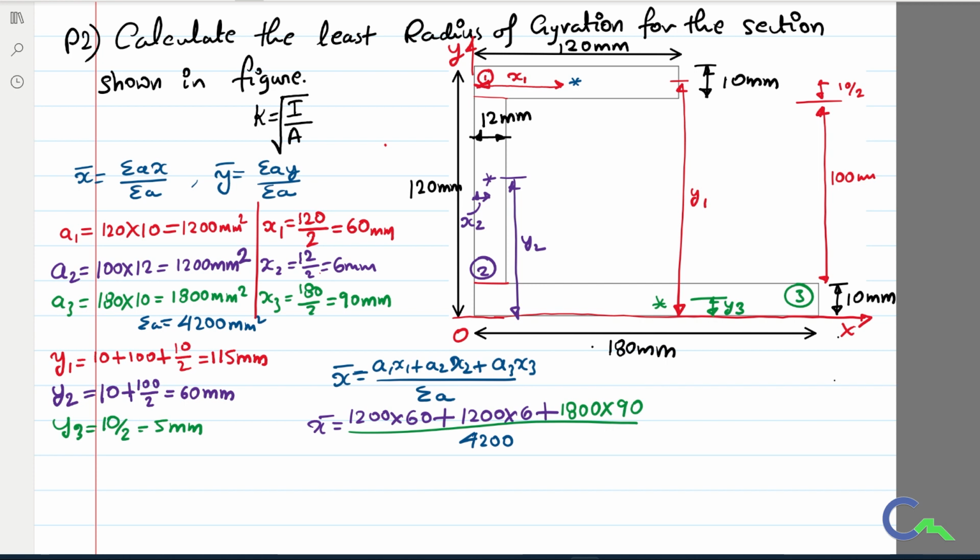So I'm going to get the x bar value as 57.429 millimeter. So that is the x bar.